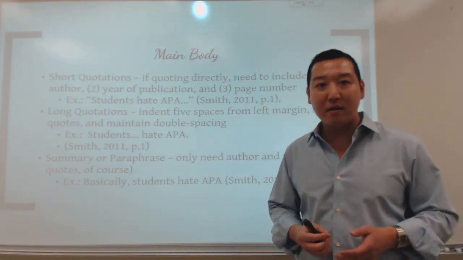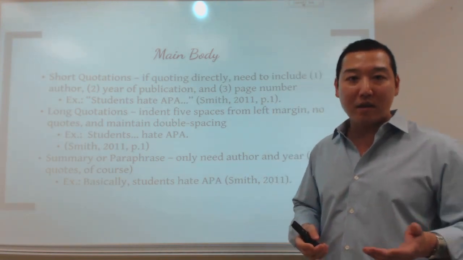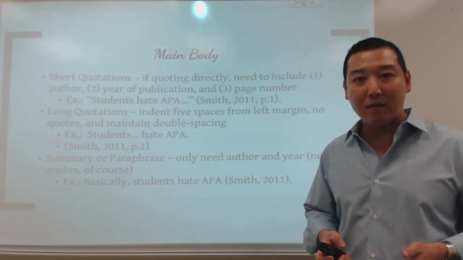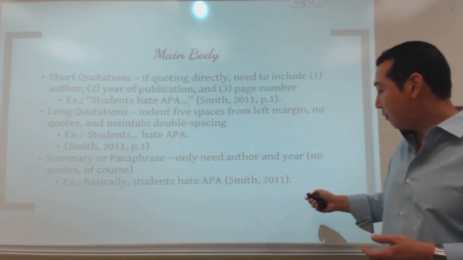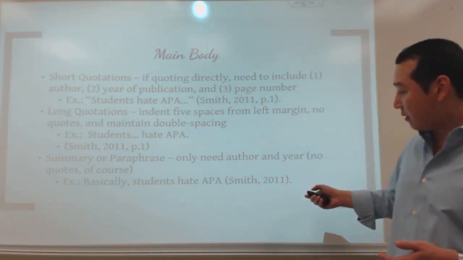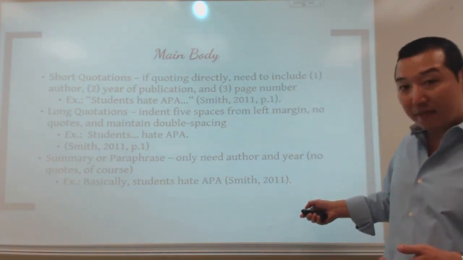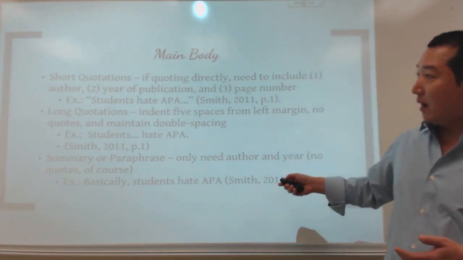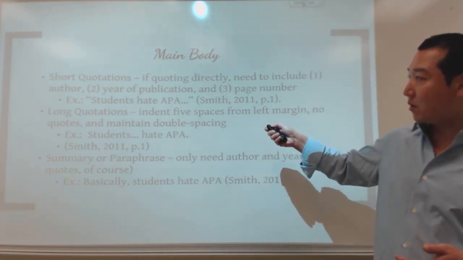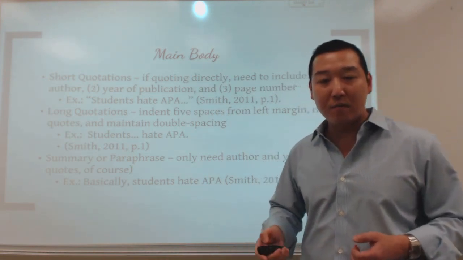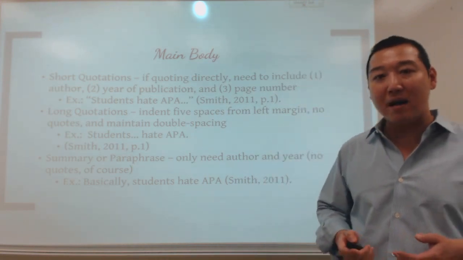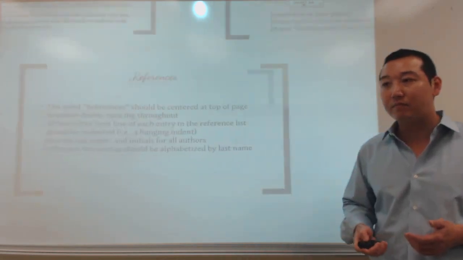And then APA says that you may also include the page number, but not necessarily required. If you want, you can go ahead and put in the page number here, but notice also that we have the punctuation similar to how we had it in the case of short quotation, so that period should be after the parentheses as opposed to before the parentheses. So basic rules for the main body of the text.